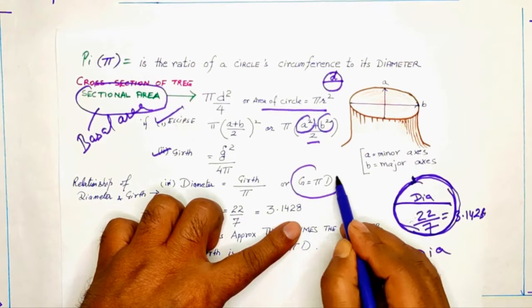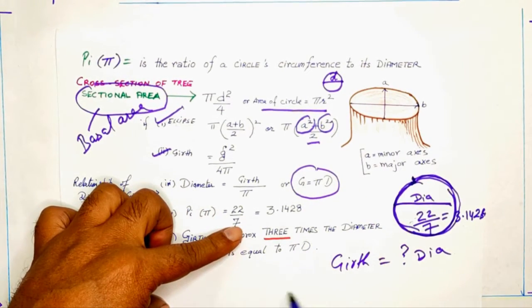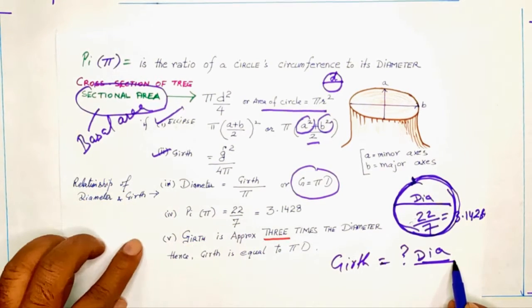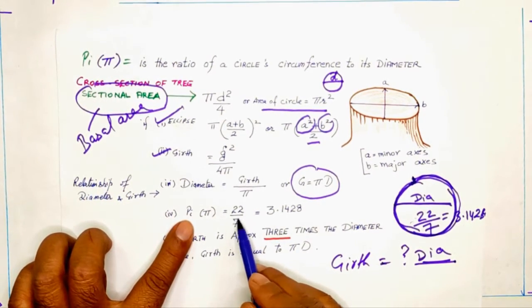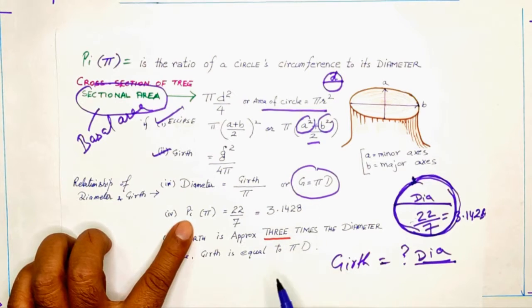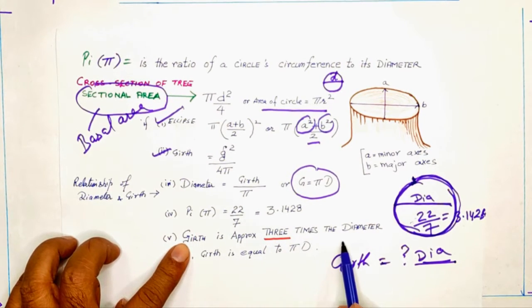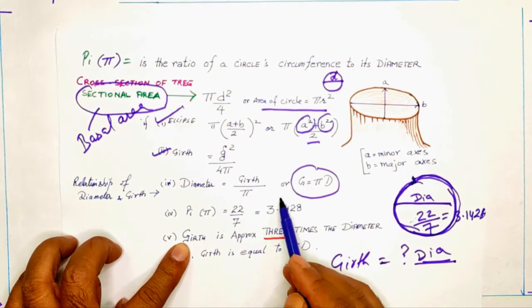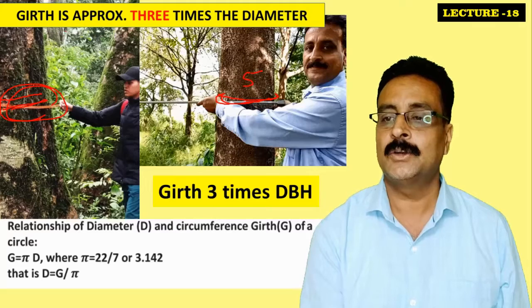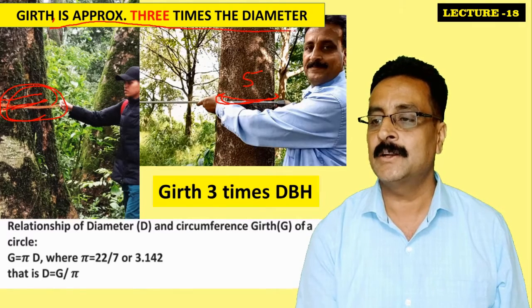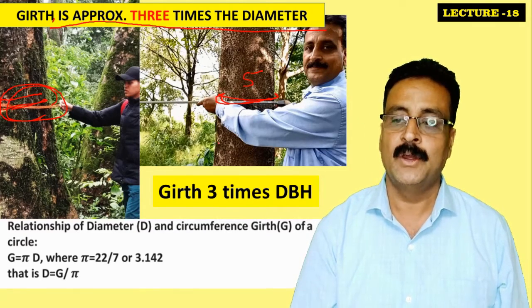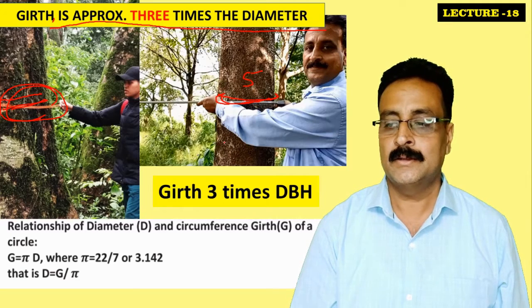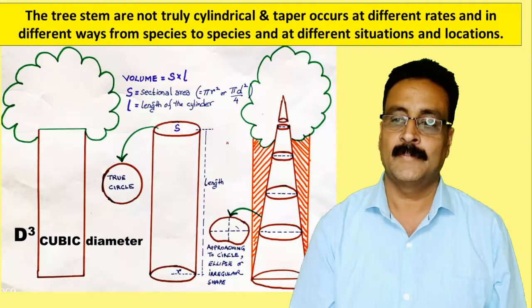If we get the value of girth, how will we know the diameter? Pi is 22 divided by 7, 3.1428, so girth is approximately 3 times the diameter. This is the relationship of diameter and circumference or girth.